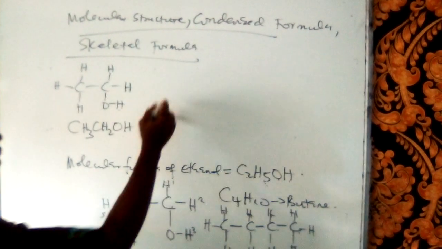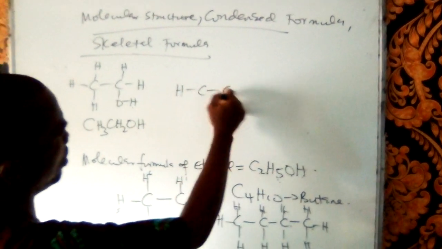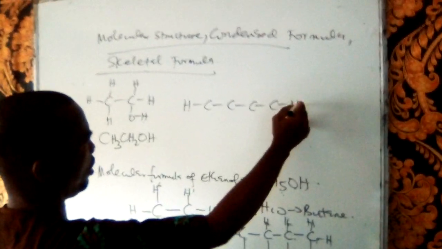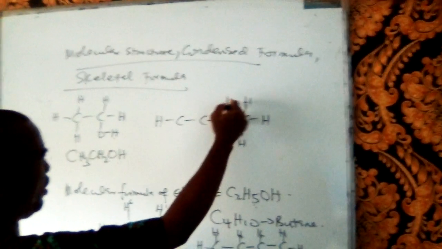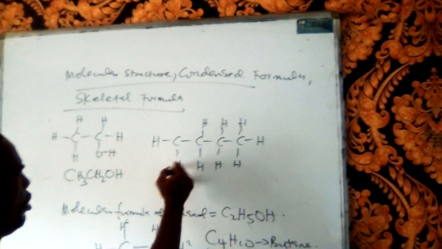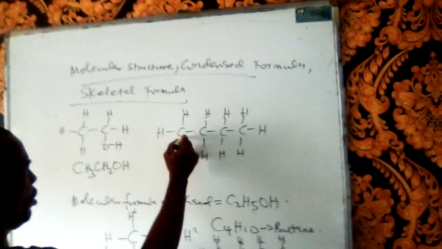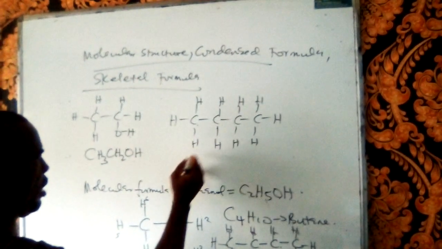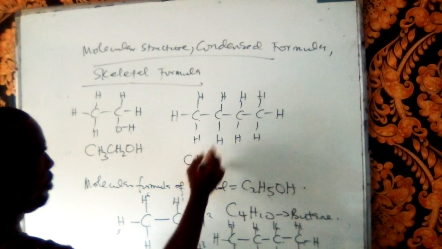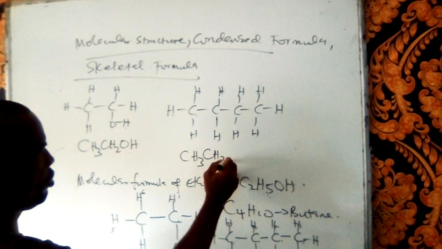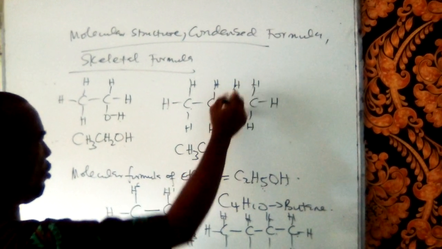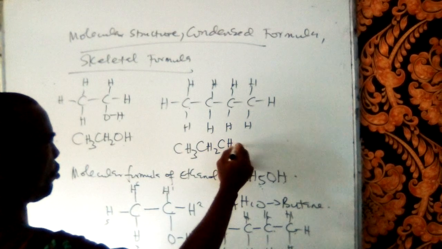Then for butane, which is this, the condensed formula of butane, you can still write it. It's a very simple thing. For illustration, we have the first carbon bonded to 3 hydrogen, that gives us CH3. Second carbon bonded to 2 hydrogen, CH2. Third carbon with 2 hydrogen, the methylene group CH2.